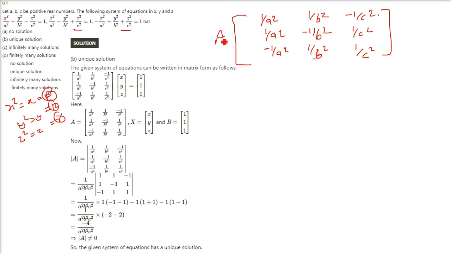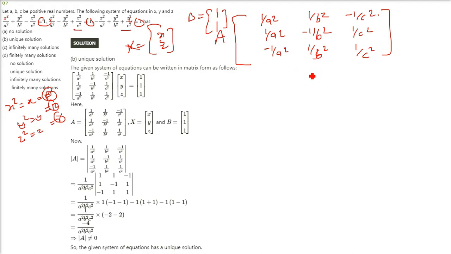So this is your A matrix. Now x, y, z is your X matrix, and of course the B matrix is 1, 1, 1. This is already given in this question.